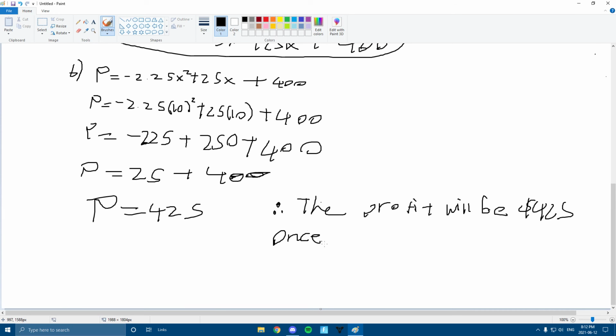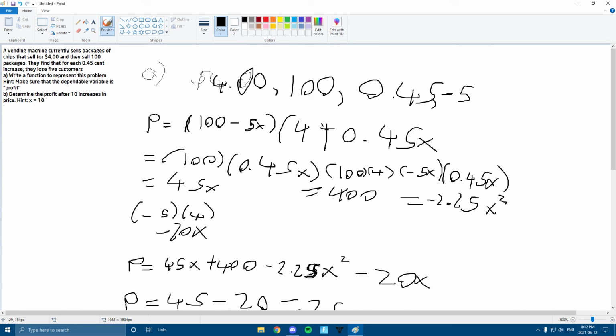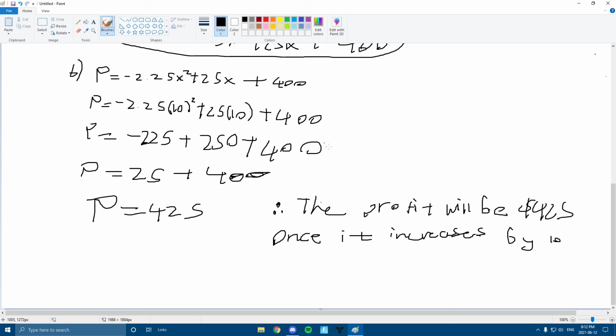Once it increases by 10. So just looking at this, this is the answer.